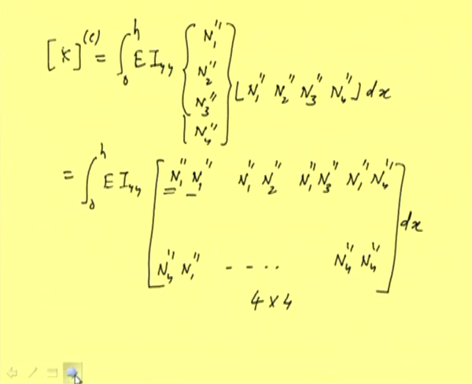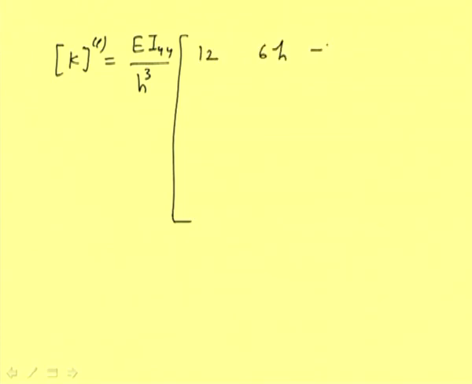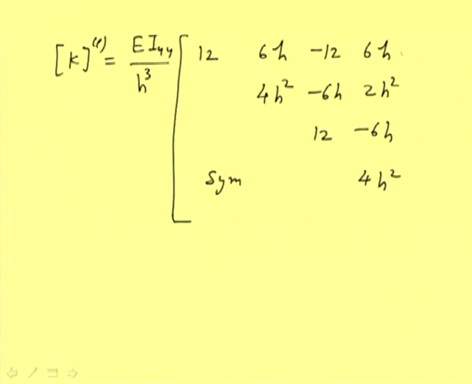So if we integrate this, the K matrix finally will be of this form: 12, 6H, minus 12, 6H, 4H square, minus 6H, 2H square, 12, minus 6H, 4H square, and this is a symmetric matrix.